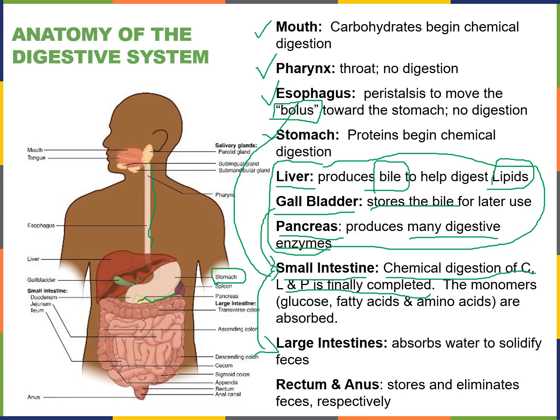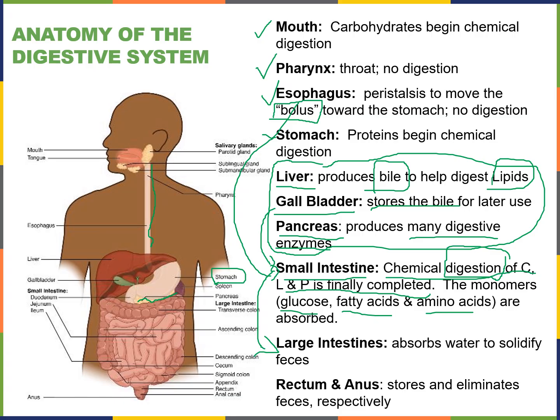So the small intestine is really, really important. It is incredibly long, many, many feet long, because both digestion has to occur there, the final stages of digestion, and absorption of the nutrients. If the nutrients aren't absorbed, so these would be the glucose from carbohydrate, fatty acids from the lipid, and amino acids from proteins, if they are not absorbed into blood and lymphatic capillaries, they will end up in the large intestine.